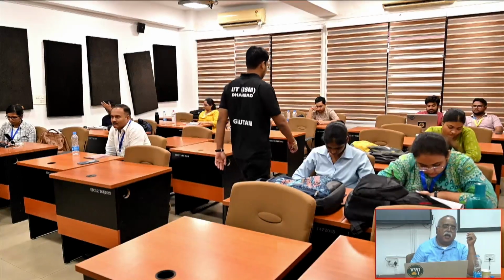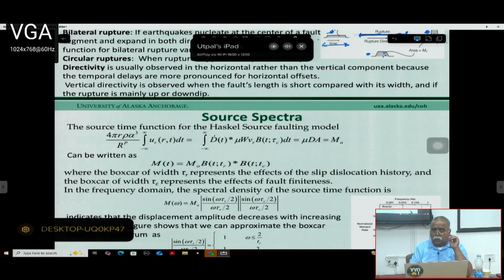Also the site perpendicular to that was not destroyed that much because of the directivity of the fault. So if the directivity of the rupture is in one direction, then that direction will be very highly damaged, right? Because the rupture is in that direction.